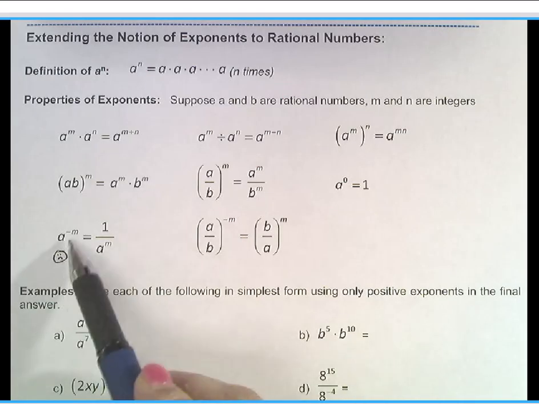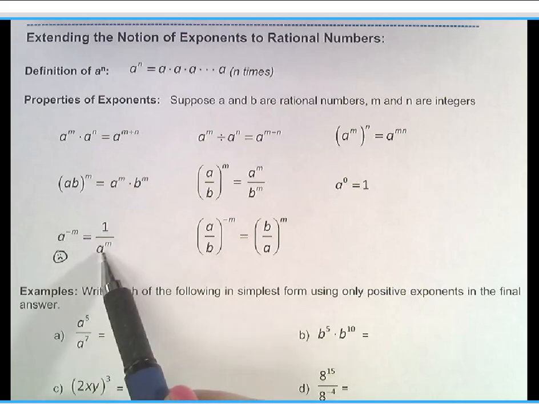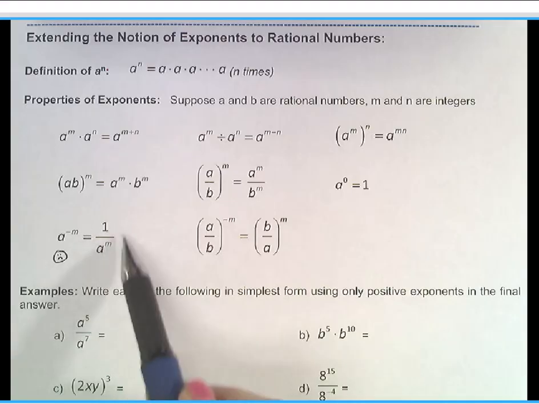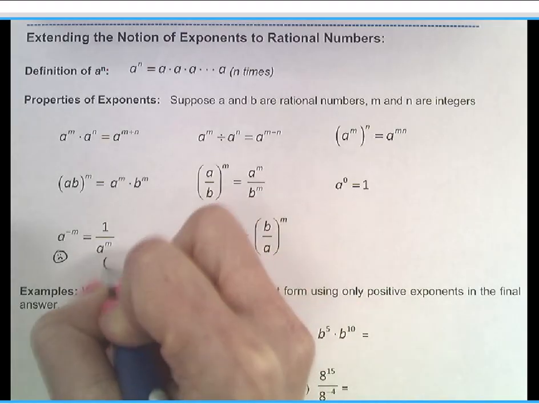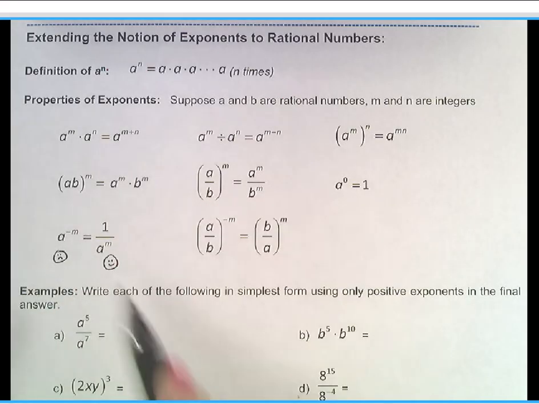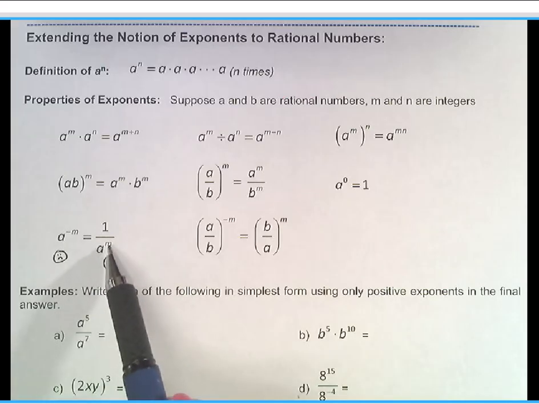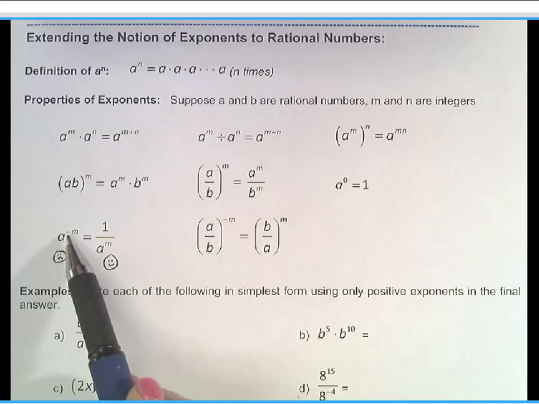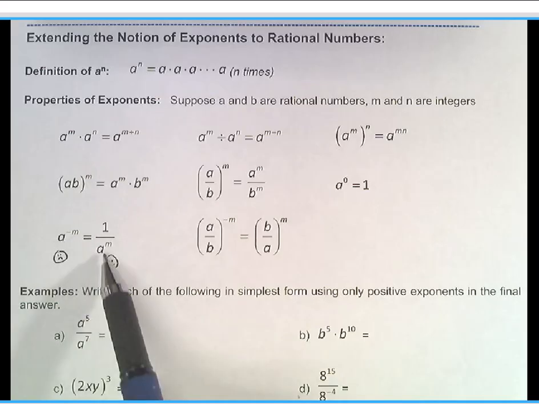So fine. If he's negative, let him go down to the basement. And now do you see that the exponent is positive? Because now he got to go where he wanted to go, and now he's happy. And so you can take the negative off of the exponent when you move it to the other part of the fraction. So the negative means that this base and the power really want to live in the other part of the fraction. So that's why we moved them to the basement.